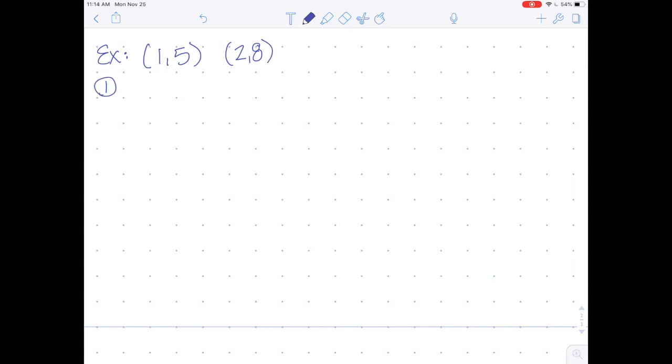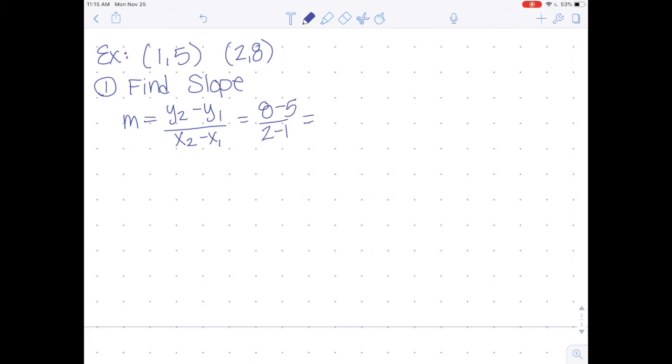So number one thing, find slope. Okay, and we know that slope is y2 minus y1 over x2 minus x1. So we've got 8 minus 5 over 2 minus 1, which is 3 over 1, so just 3.